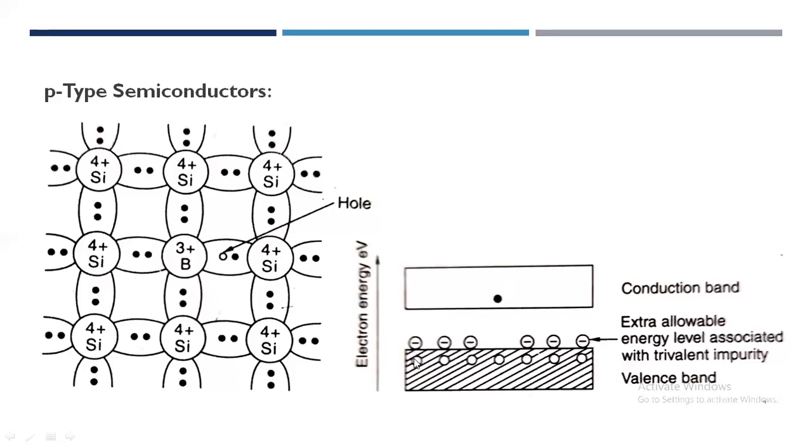The valence band has positively charged holes, and there is an extra allowable energy level associated with the trivalent impurities. Trivalent means atoms having 3 electrons in the outer orbit.